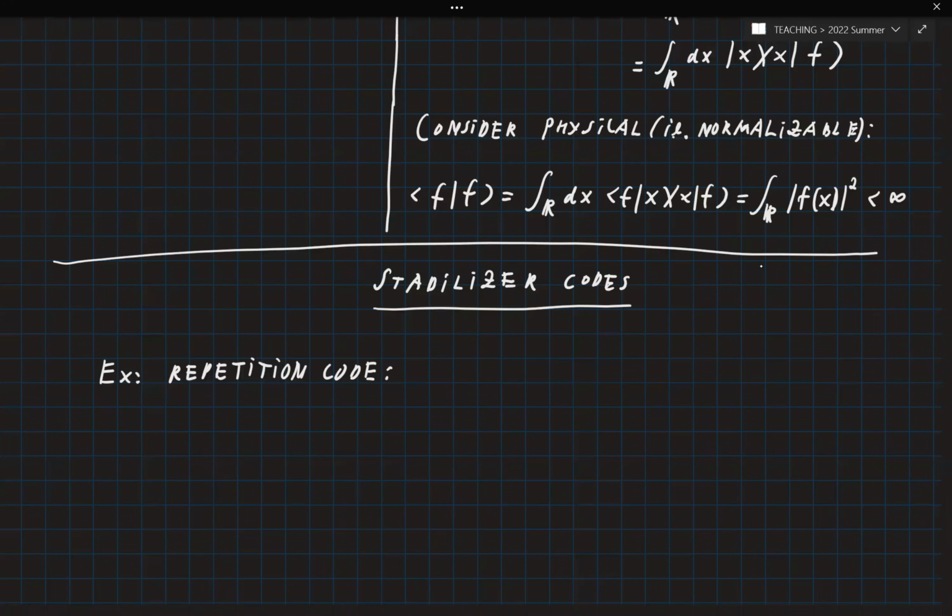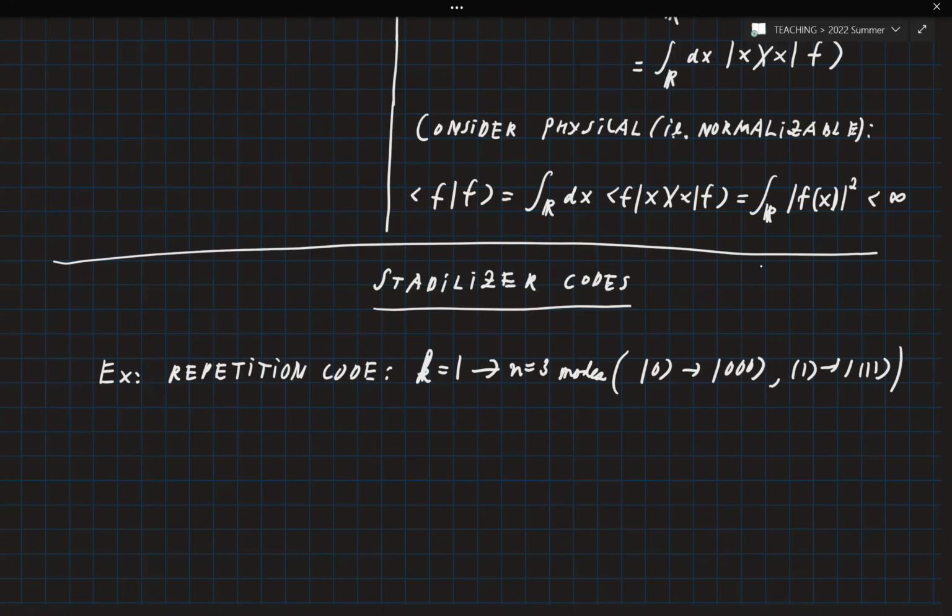Before, the repetition code consisted of encoding 1 qubit into 3, storing 1 logical qubit in 3 physical ones. And now this stores 1 mode, k equals 1, into n equals 3 modes. So we have a logical mode now.